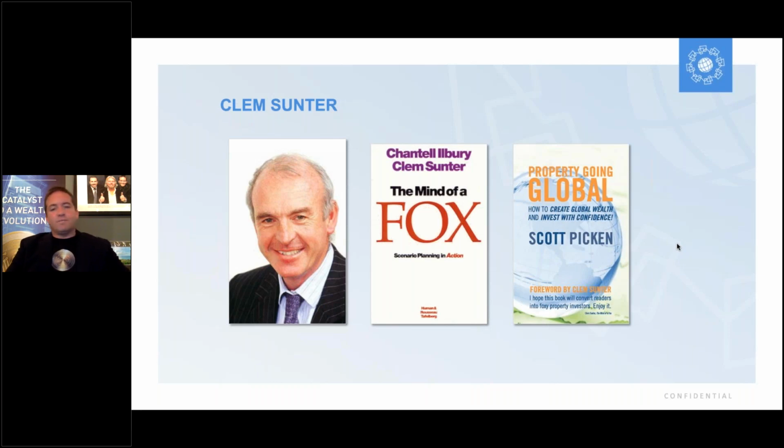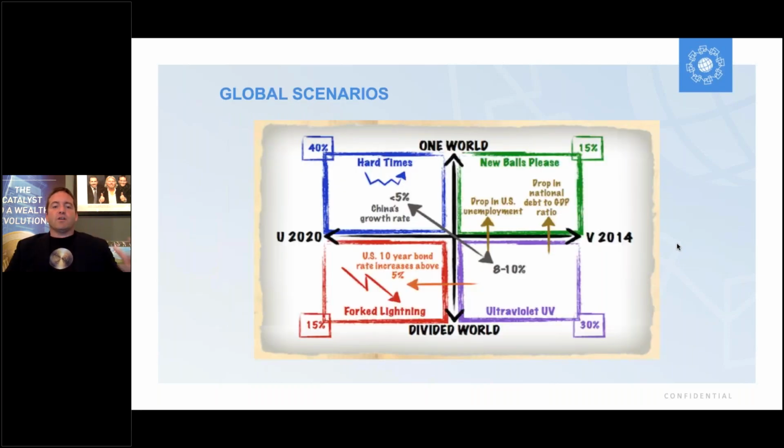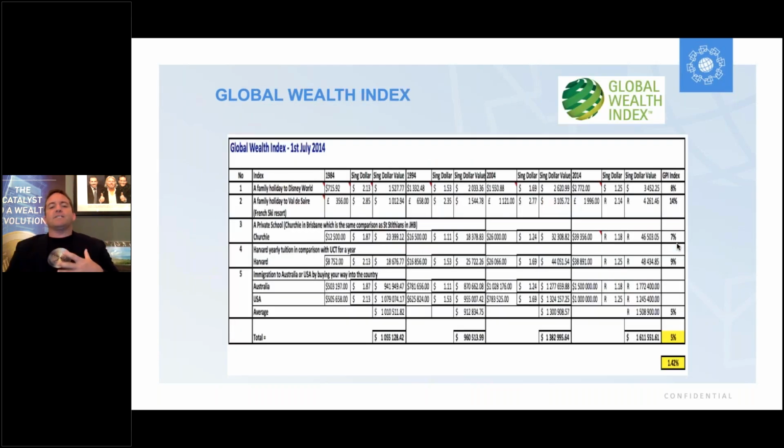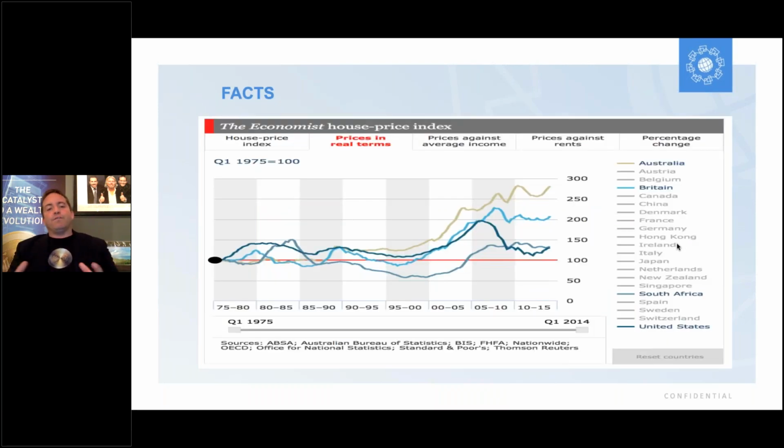And in simple terms, I want to share with you the global scenarios that Clem Sunter talks about. It takes into account the global wealth index, which I don't have time tonight to talk about, but it's like CPI, consumer price index, and ultimately it's your global wealth index, which is how much your currency and your value is. It then takes all the facts and figures.